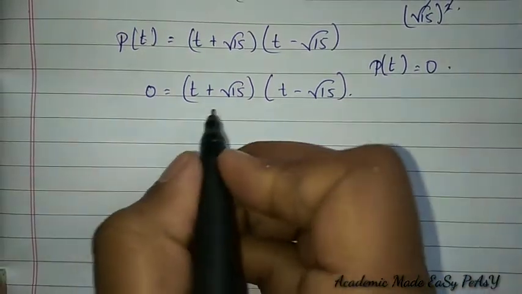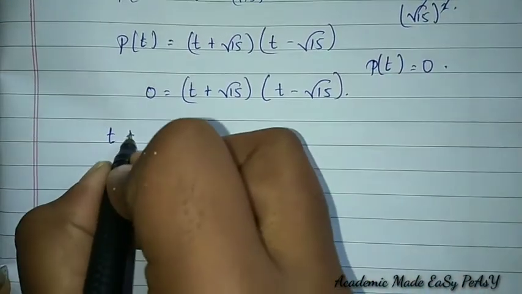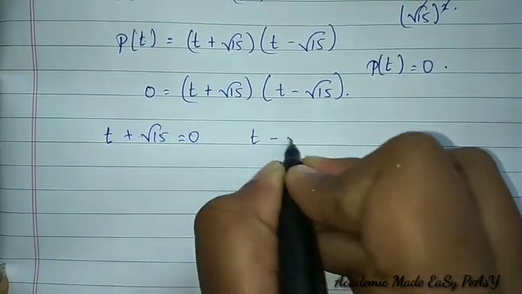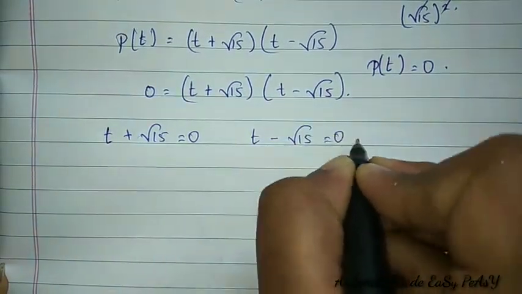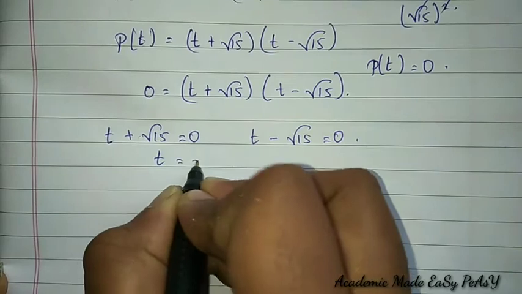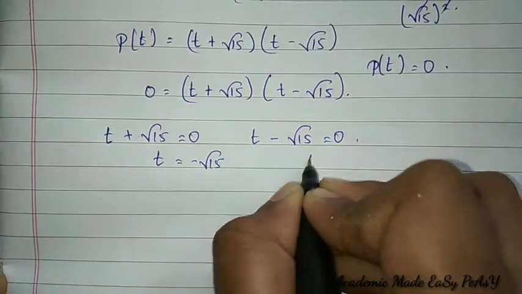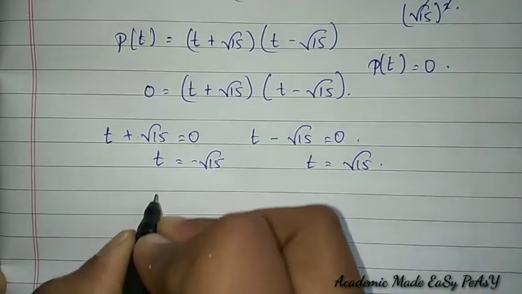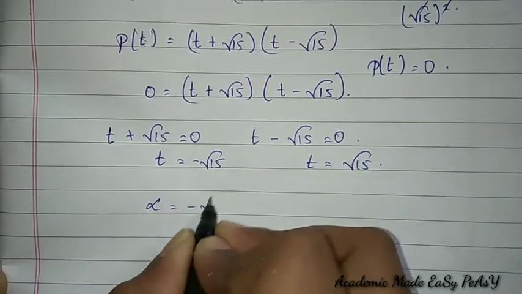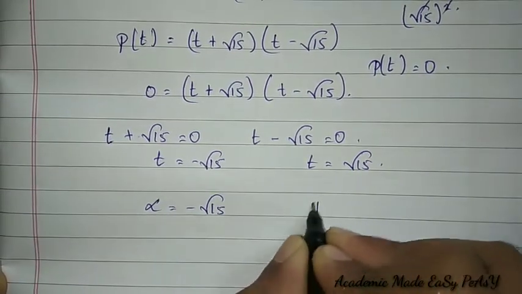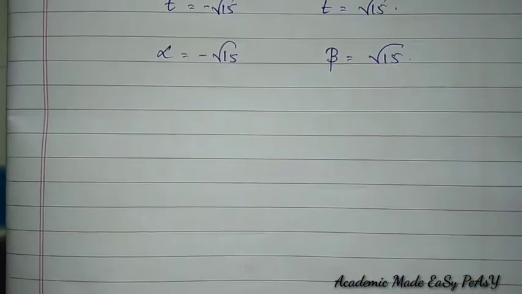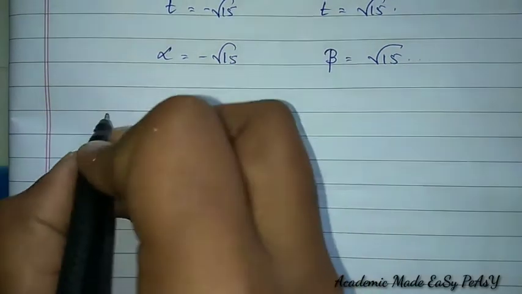So now we will just equate it to 0. t plus root 15 is equal to 0. t minus root 15 is equal to 0. So t is equal to minus root 15. So t is equal to root 15. So now I will take this as alpha. Alpha is equal to minus root 15. My beta is equal to root 15. Now I will be doing the sum of zeros.